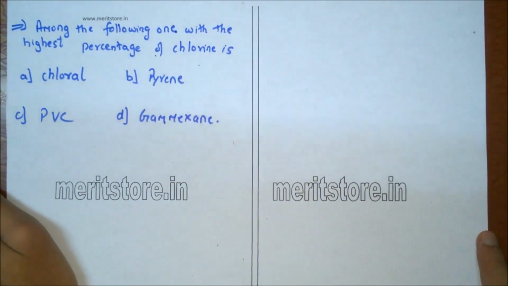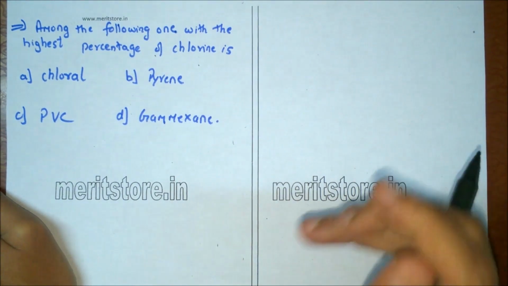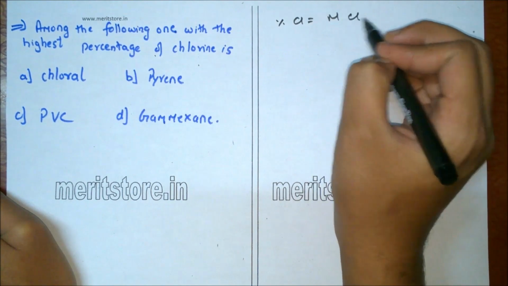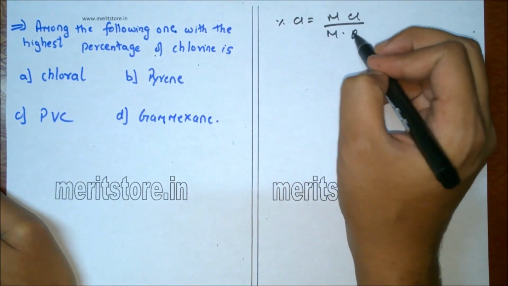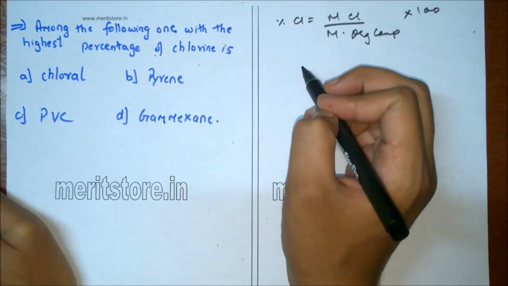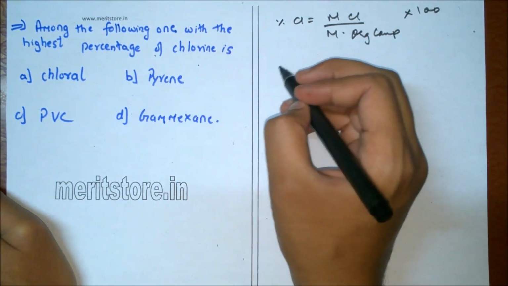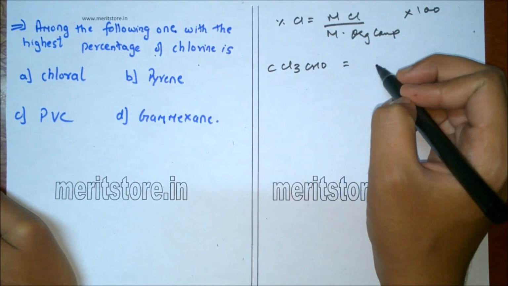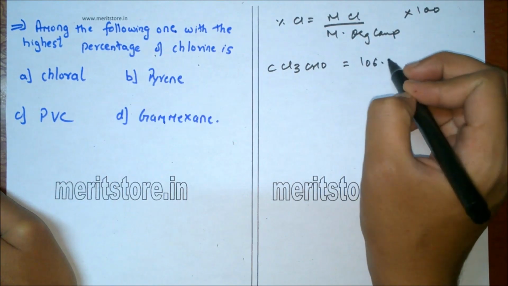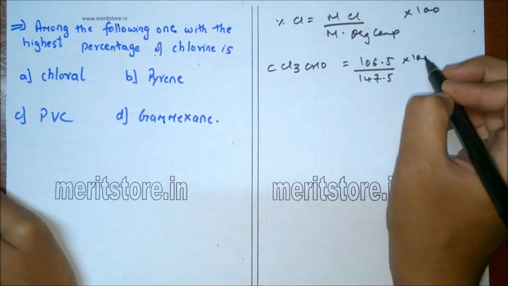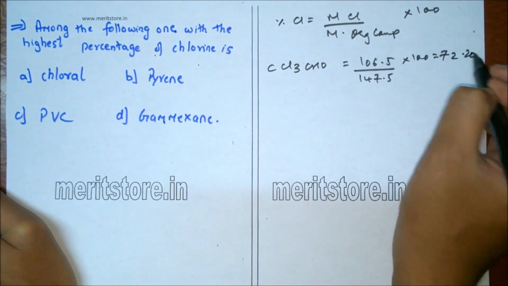Among the following, the one with the highest percentage of chlorine is. The percentage of chlorine is calculated by mass of chlorine divided by mass of organic compound into 100. So the chloral, that is CCl3CHO, is equal to mass of chlorine 106.5 divided by mass of the compound 147.5 into 100, which is 72.20.